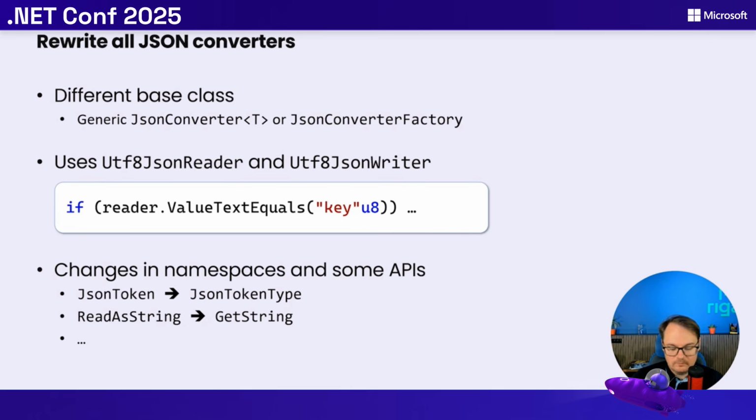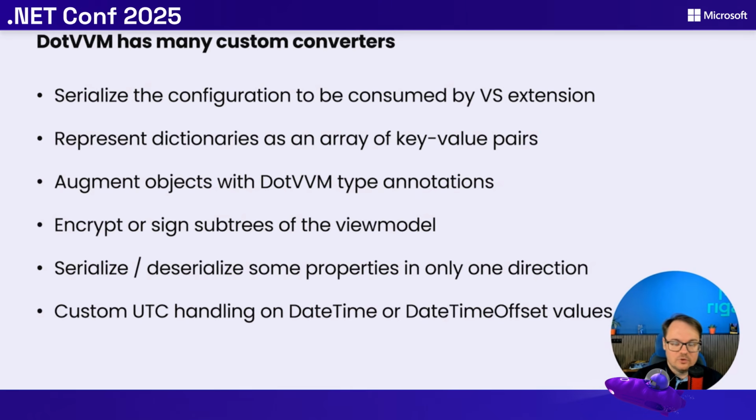So we had to rewrite all JSON converters, and we found out we have quite a lot of them because the framework needed to do various things by using the converters. We had some breaking changes in some objects, so we wrote JSON converters to produce the JSON in the same format without these breaking changes. We also, for one feature of DotVVM, changed the way dictionaries are serialized to the client.